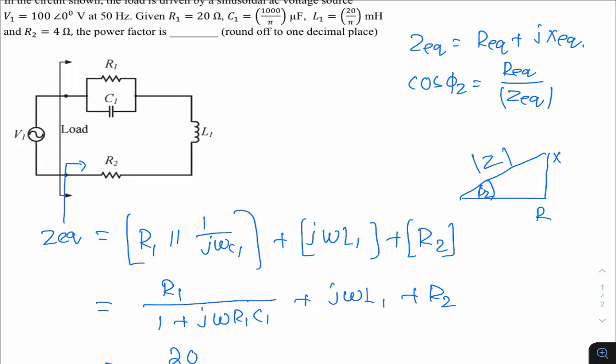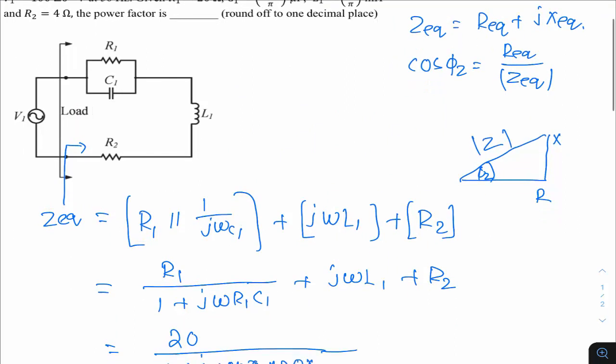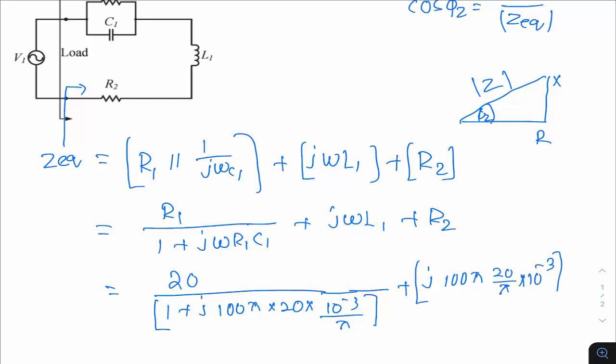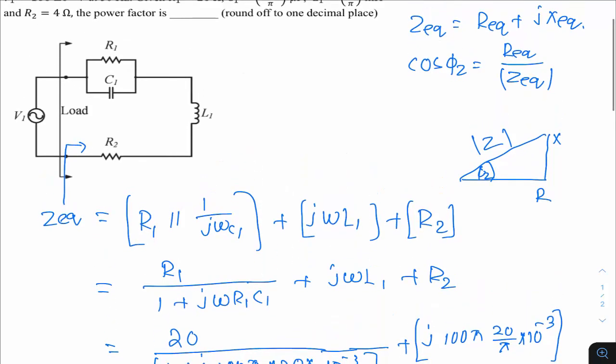So this becomes 1000 into 10 power minus 6, so this will become 10 power minus 3 by pi. This is the first term, plus again j into 100 pi, the value of omega, and L1 value is given 20 by pi millihenry, that is 20 by pi into 10 power minus 3, and R2 value is 4, so plus 4.